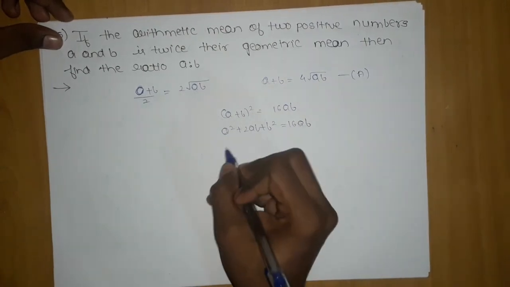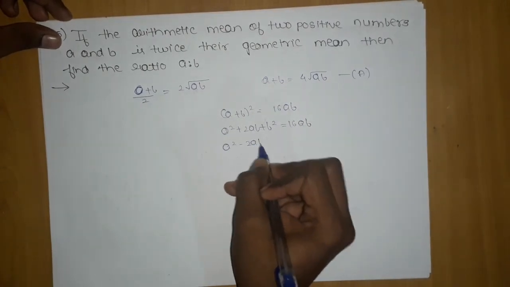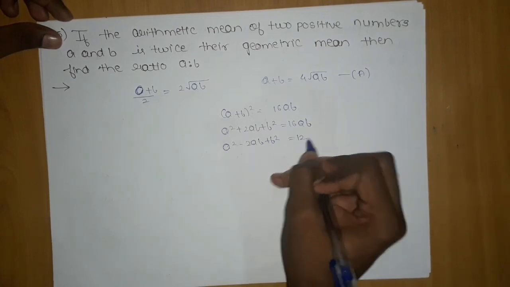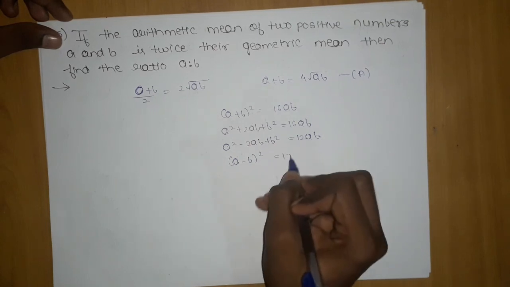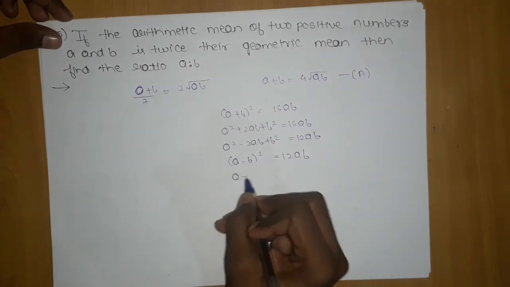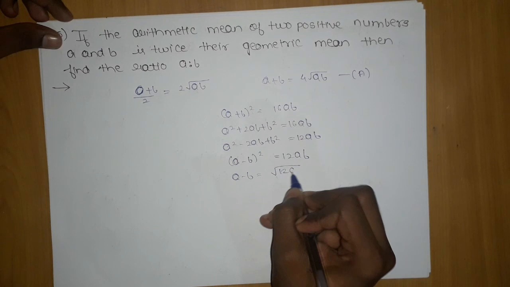If I move 4ab here, what I get is a square minus 2ab plus b square equals 12ab. This is nothing but (a minus b) the whole square, which is 12ab. So we are getting a minus b as under root 12ab.